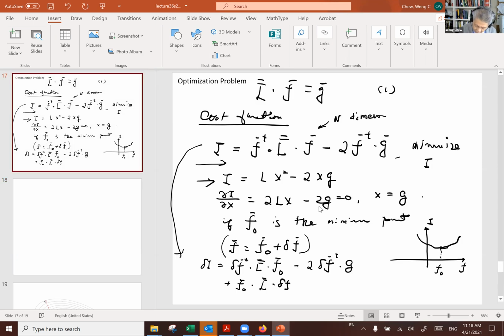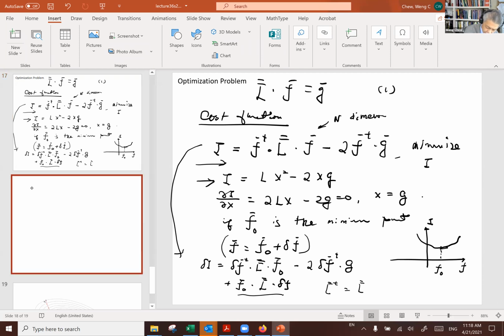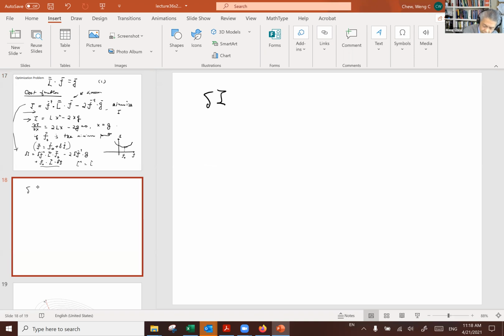And then I notice that if L is symmetric, okay, if L is symmetric, then you can show that these two terms are the same as each other. If you take the transpose of this term, you get exactly that term, and so on. So the first variation can be written as being equal to 2 delta f transpose dot L dot f0.